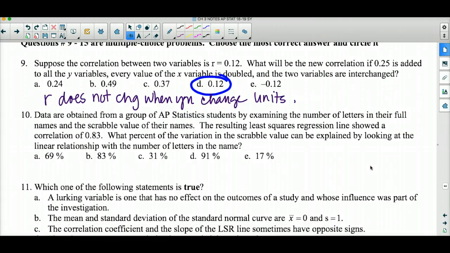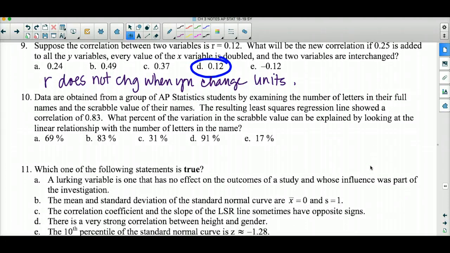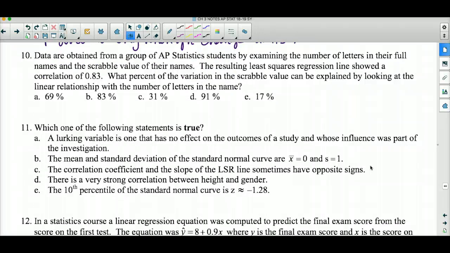Data are obtained from a group of AP Statistics students by examining the number of letters in their full names and the Scrabble values of their names. The resulting least squares regression line showed a correlation of 0.83. What percent of the variation makes you think what? R squared. What percent of the variation in the Scrabble value can be explained by looking at the linear relationship with the number of letters in the name?